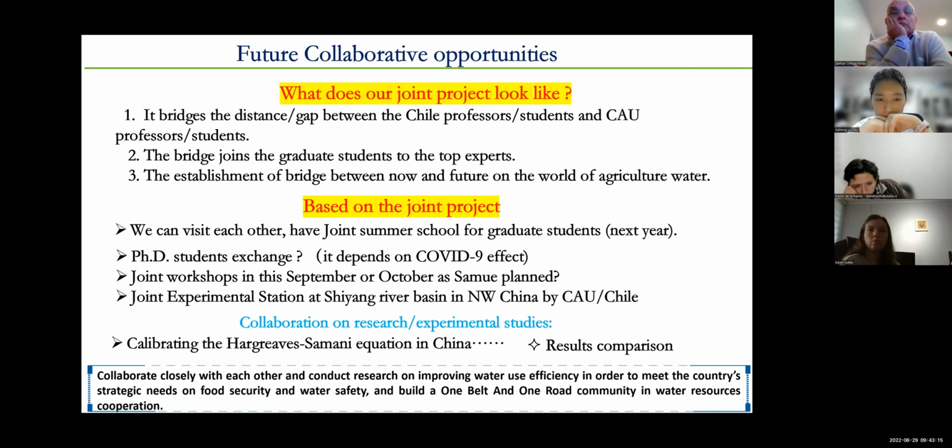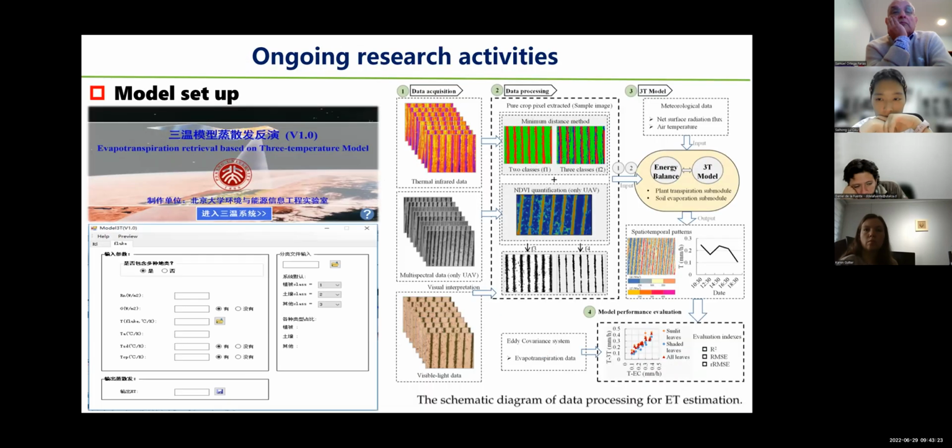As we discussed, it's very easy to run the 3 temperature model to simulate or calculate the evapotranspiration. We just need to prepare some input data, and then we can run the model in 1 or 2 minutes.